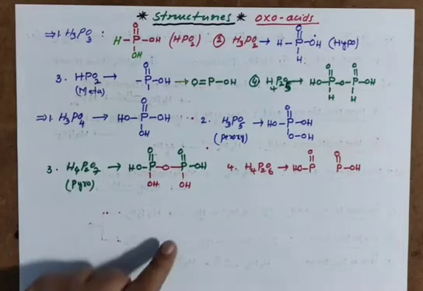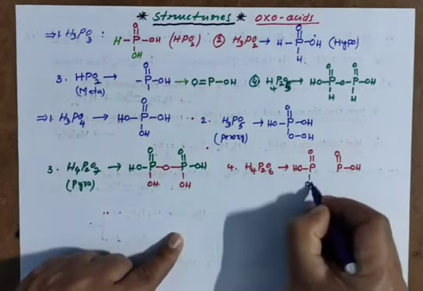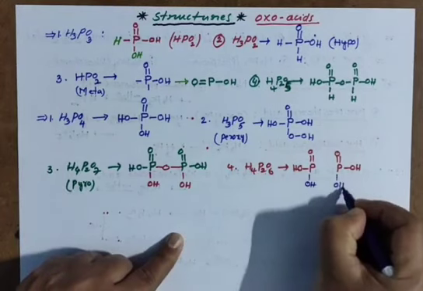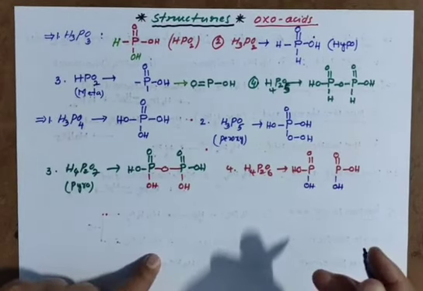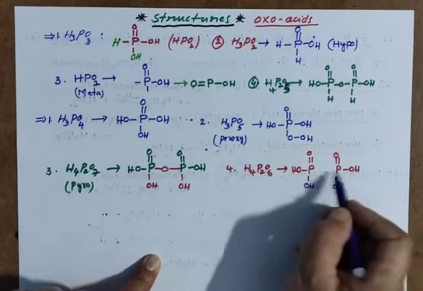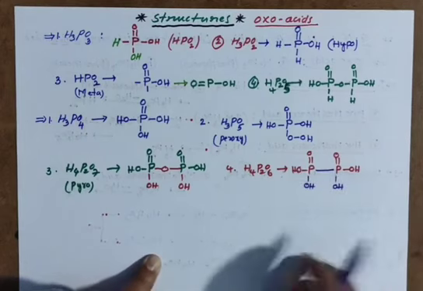Basic units are drawn. Now we have the chance to get one OH here, and here also one OH. Am I right? Now, between these two, no other oxygen or atoms are directly bonded.